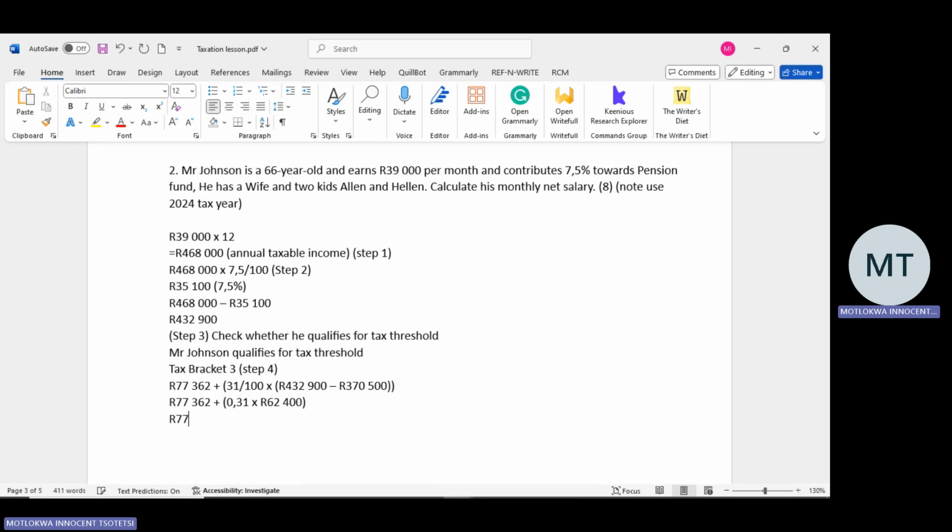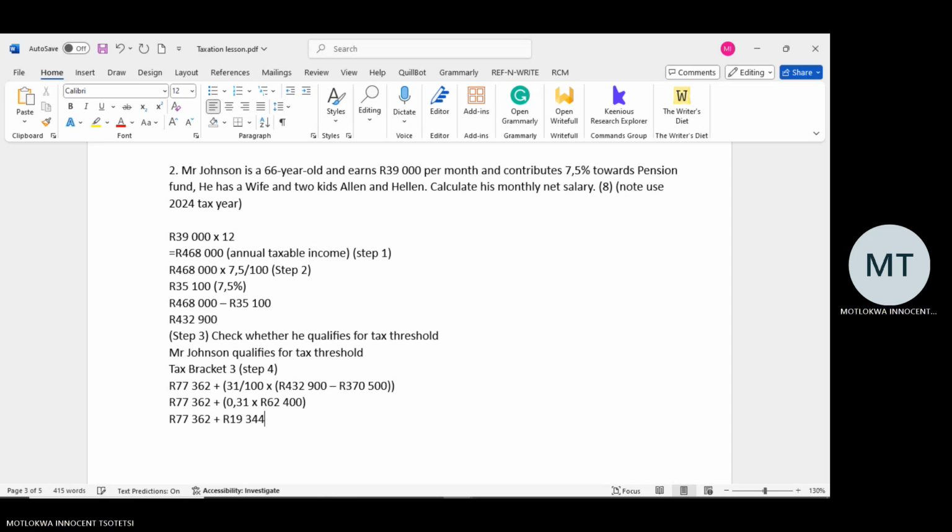So we bring down again 77,362. Then we say plus. Now we are no longer opening the brackets because we are left with 0.31 and also the amount we got after minusing those amounts. So we say now 0.31 multiplied by 62,400, which gives us 19,344.